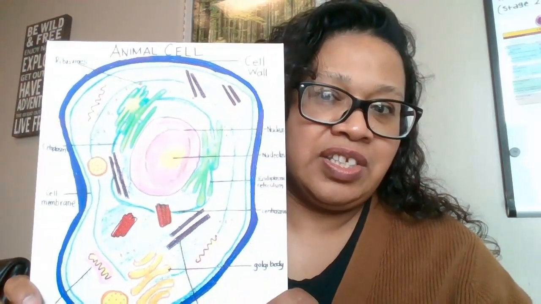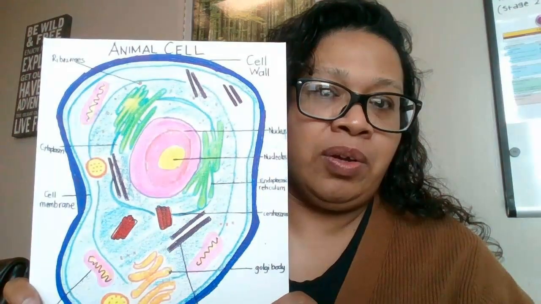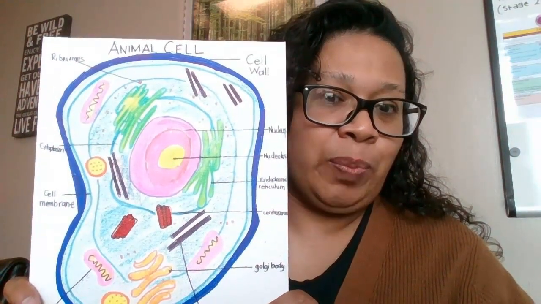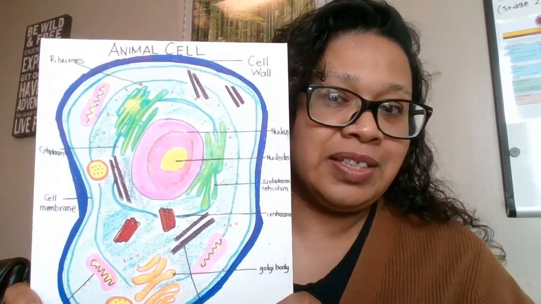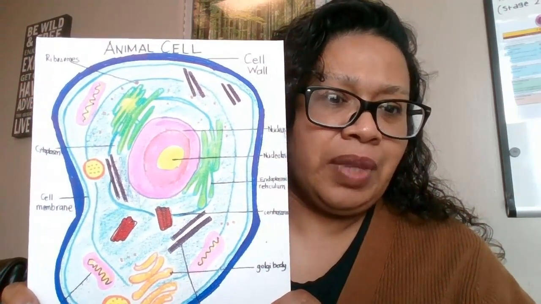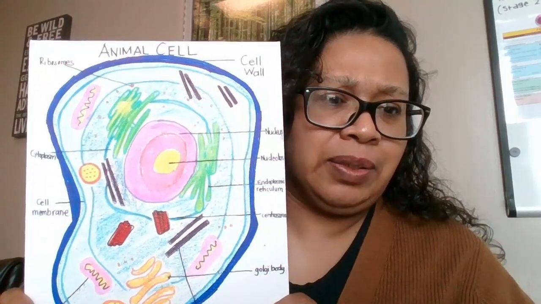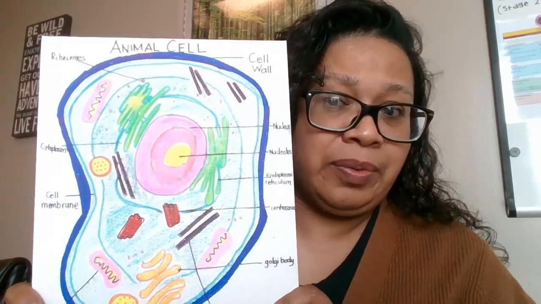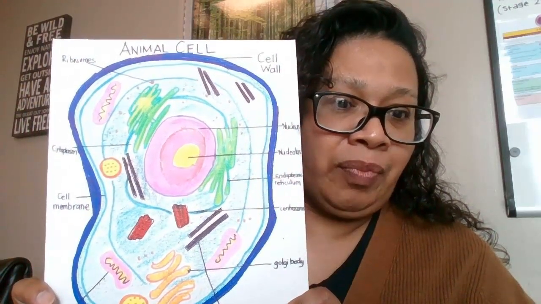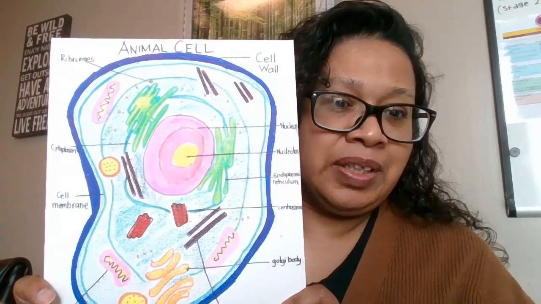So as you can see here in this picture, I created the animal cell. This cell has multiple things, such as the cell wall, the ribosomes, the cytoplasm, the cell membrane, the nucleus, the nucleolus, and many other things such as the reticulum, the synthesis proteins that are essential for growth and repair, the Golgi body, and other things.